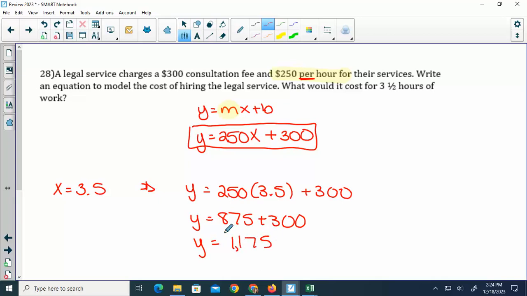So it would cost $1,175 for 3.5 hours of work.